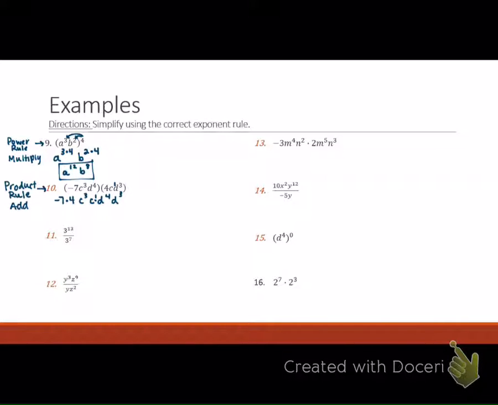So remember, you can only combine things with like bases. So the C's can only be combined and the D's can only be combined. So Madison, what are we going to do here? Yeah, so you're adding those, and then what are you doing?